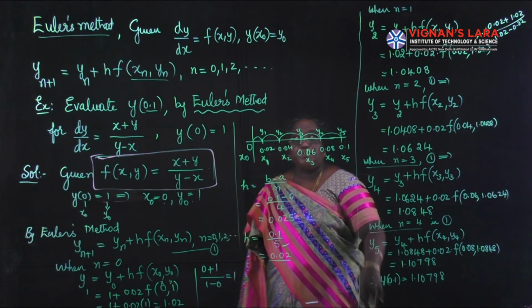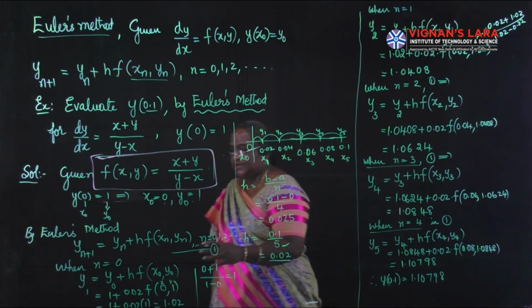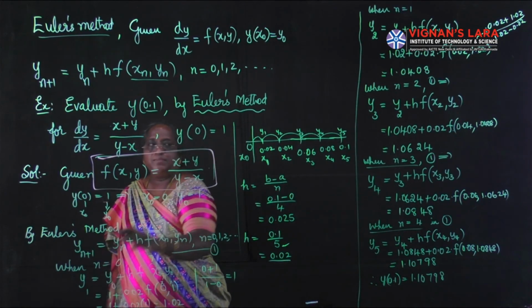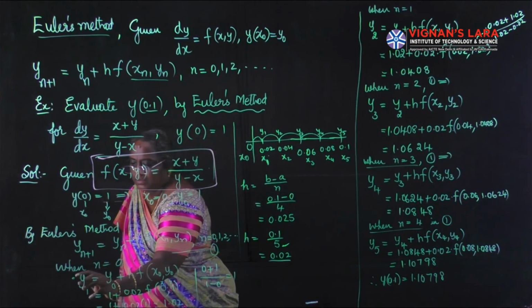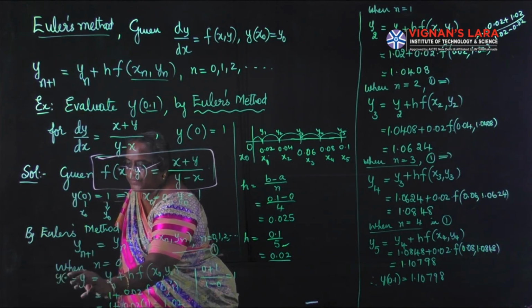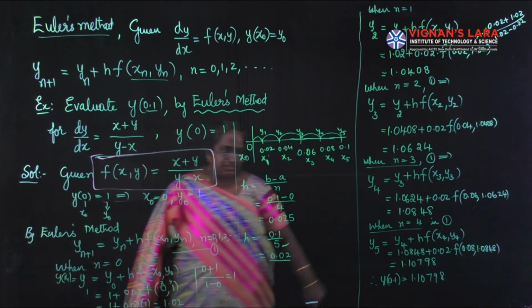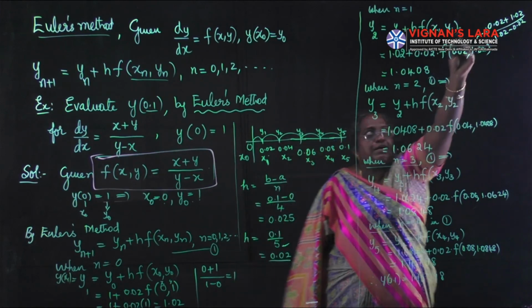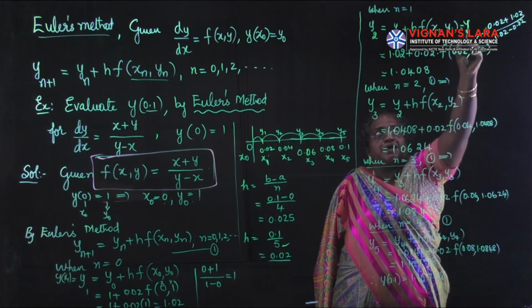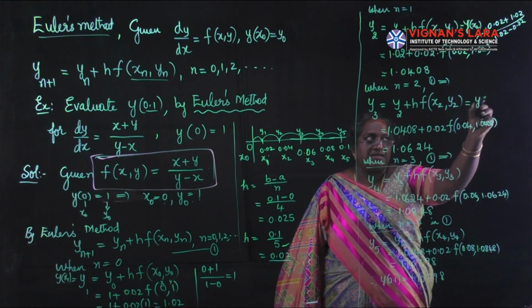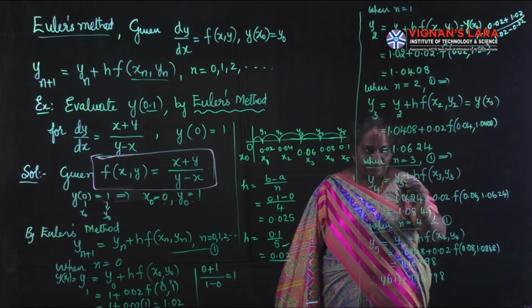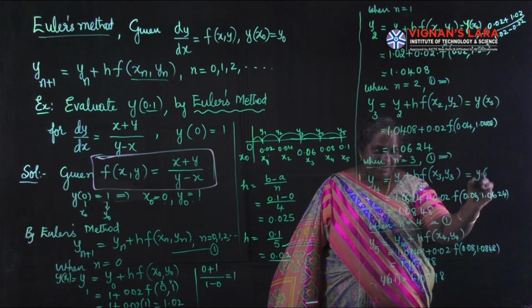Where am I calculating y1? y1 I am calculating at x1. What is the meaning of y1? It is nothing but y at x1. Like that, what is y2? It is y at x2. It goes on. y3 is y at x3, y4 is y at x4.